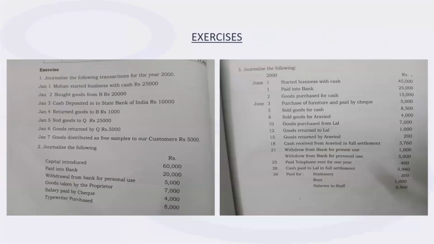So this is the exercise I'm going to give you. There are 3 exercises here. You only have to prepare the journal. Don't worry about the ledger right now. Just prepare the journal and keep the answers ready with you.